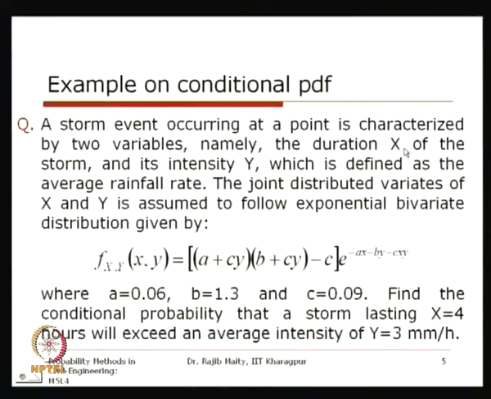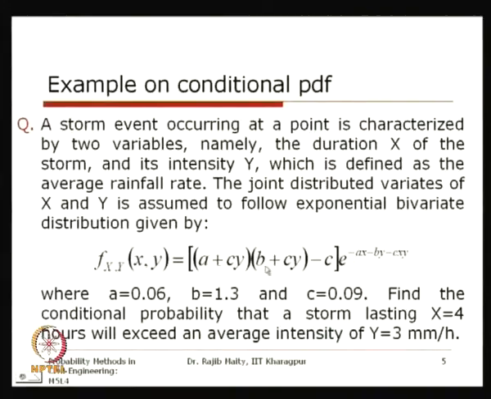So, there are two random variables now, x and y, and their joint distribution is assumed to follow an exponential bivariate distribution, given by this expression: f(x,y) equals (a plus c y) multiplied by (b plus c y) minus c, times exponential of minus a x minus b y minus c x y.